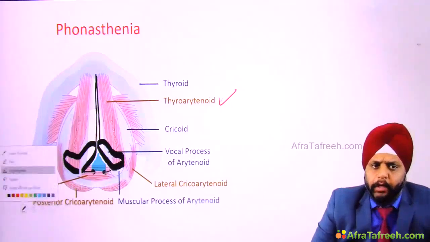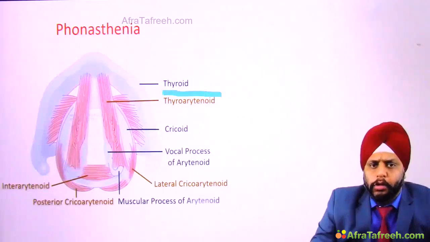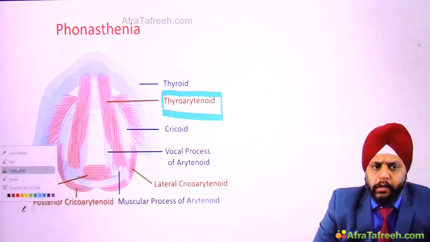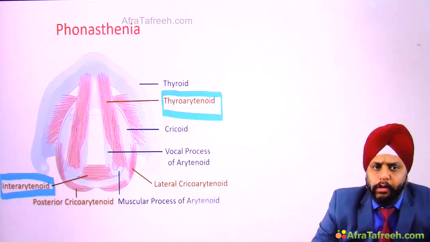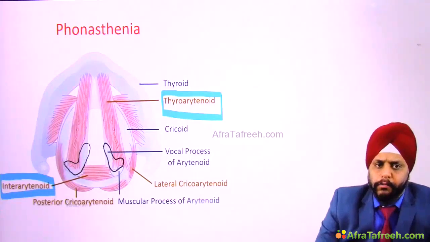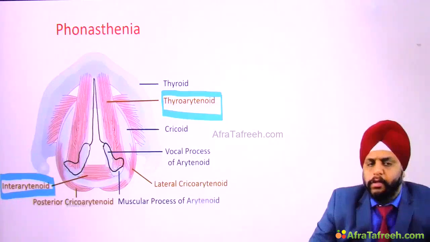Now let's say there is phonasthenia of both thyroarytenoid and interarytenoid. Both these muscles have undergone phonasthenia. So what happens as a result? There is only movement of the lateral cricoarytenoid. Rest, there is no movement.